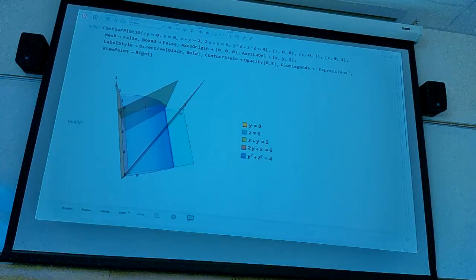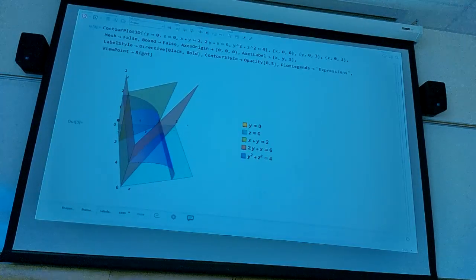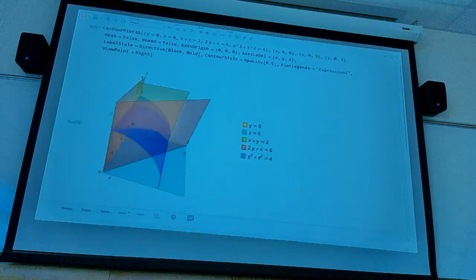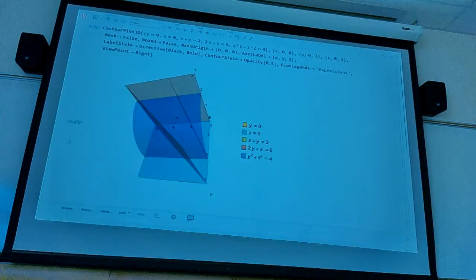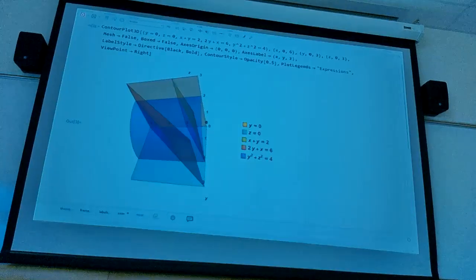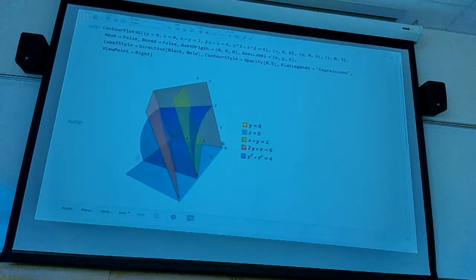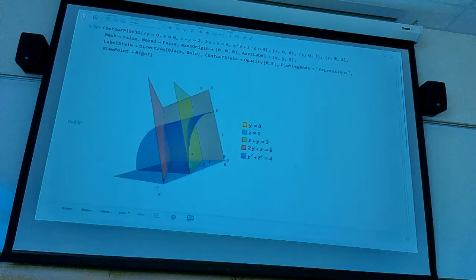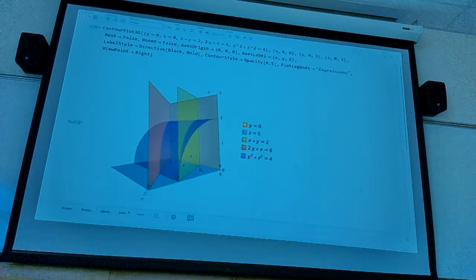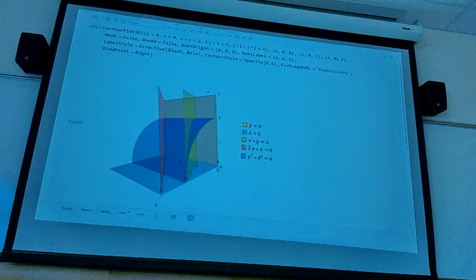I want to get a really good view of it that shows everything. Maybe like that. Is that a good feel?